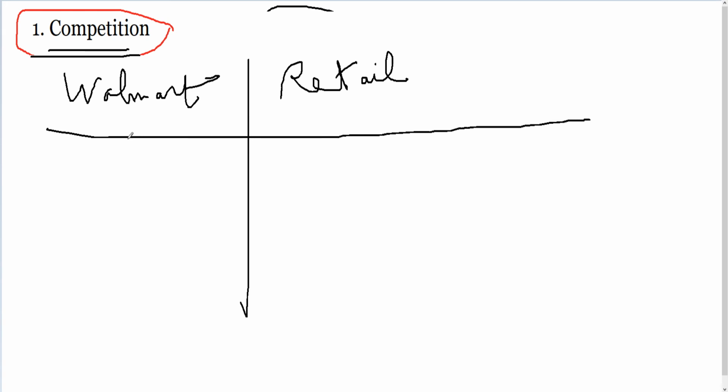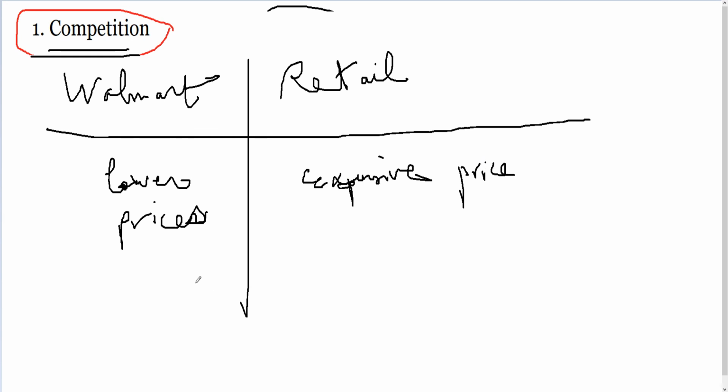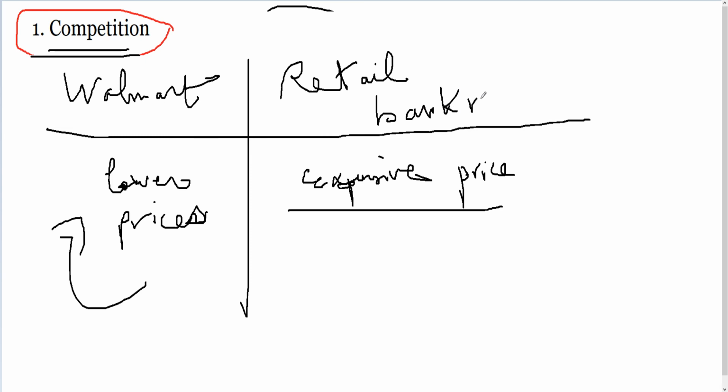If Walmart has lower prices, not for all products but for some, and others have expensive prices, most people go to the lower prices and leave the expensive ones. That's why a lot of retail companies go bankrupt, and some are going to. For example, Sears has a lot of problems because it can't compete with other stores, and others are struggling.